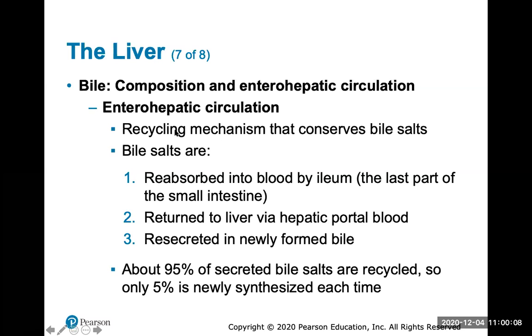That means this is like a recycling mechanism that conserves bile salts. So bile salts will be reabsorbed into the blood by the ileum. They're returned to the liver, and they're resecreted in newly formed bile. It's called enterohepatic circulation because it's only inside the hepatic, or liver, circulation system. About 95% of secreted bile salts are recycled, so only 5% is newly synthesized each time.